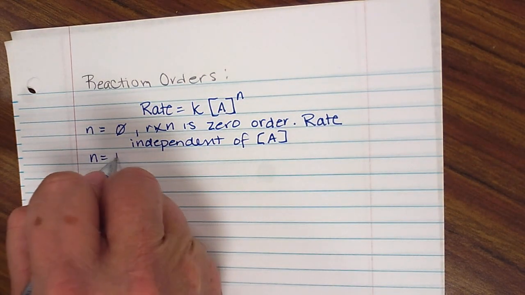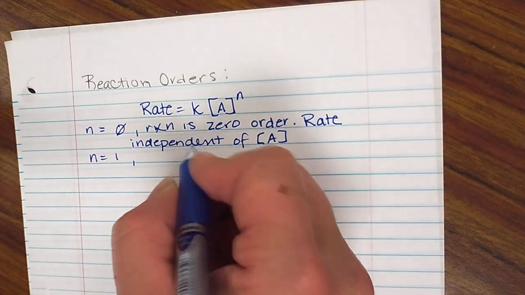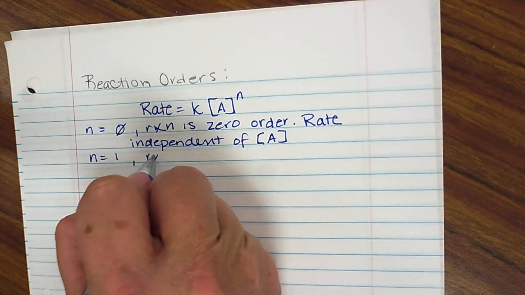If n is equal to 1, what this means is the reaction is first order.